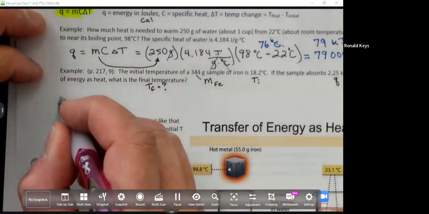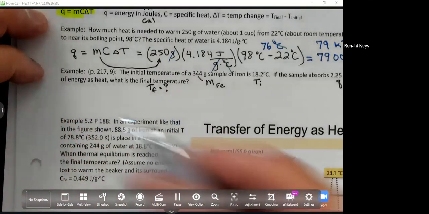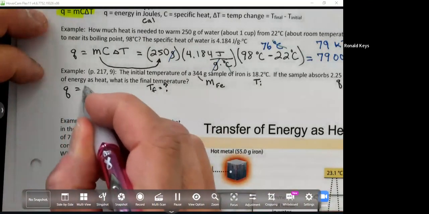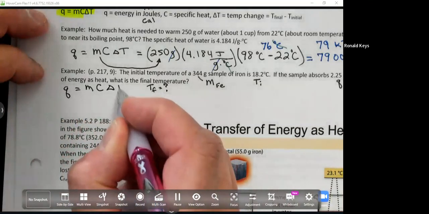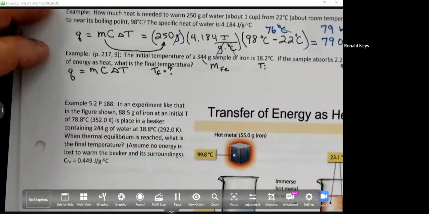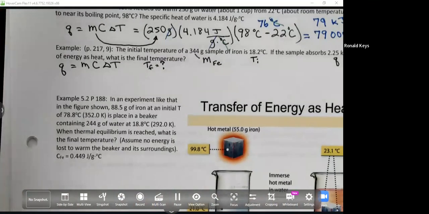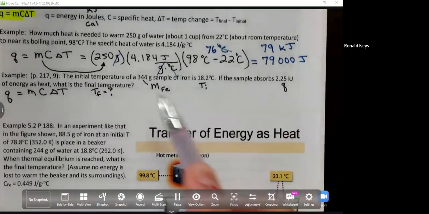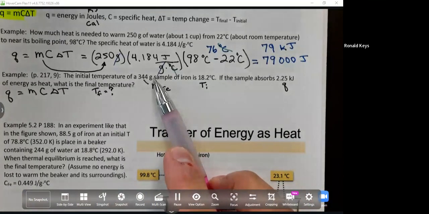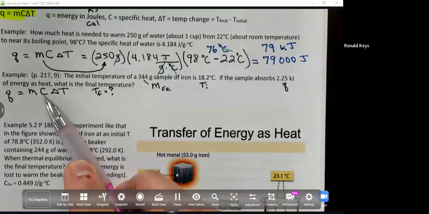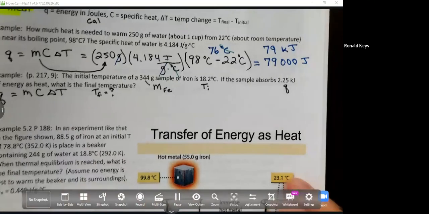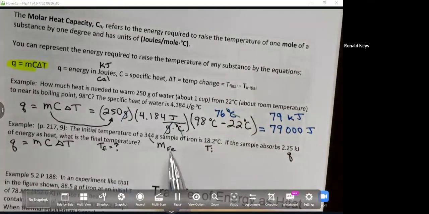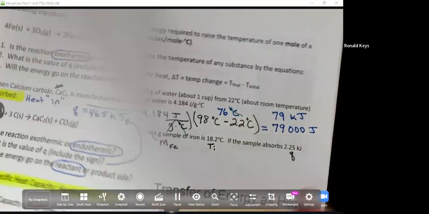So we know that we are going to use Q is equal to mc delta T. What I'm worried about, looking at this right away, is that this is in kilojoules and this is in grams. I'm worried about my specific heat. So I'm going to turn back to my table and see what units my specific heat is in.